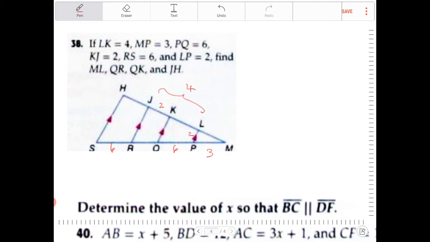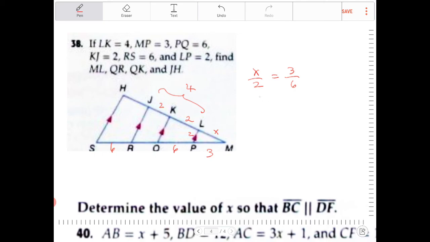Okay, so let's start with LM. So to find out what LM is, I'm going to call LM X. And since I know that JL is 4 and JK is 2, then KL is equal to 2. So I can say X over 2 is equal to 3 over 6.